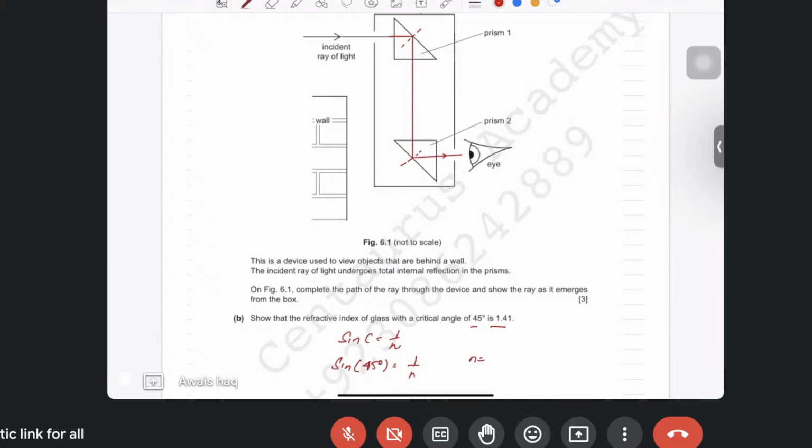Say that's the value 1.414. Okay. That is the value, right? 1.41. Okay, that's cool.